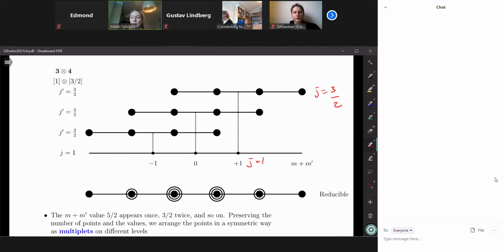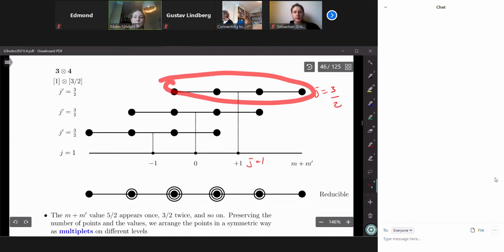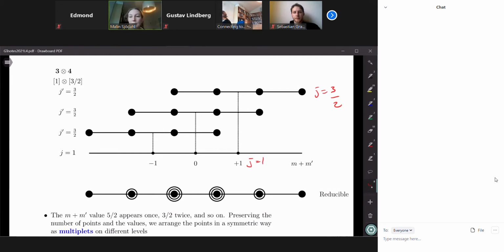So, for example, if we consider this multiplet, which we now have centered around this, M is in this case 1, and M prime is 1/2, -1/2, 3/2, and -3/2. Then we get the total m by just projecting down because we have centered this, so 0 is here where we start in this representation. So this will be one option.